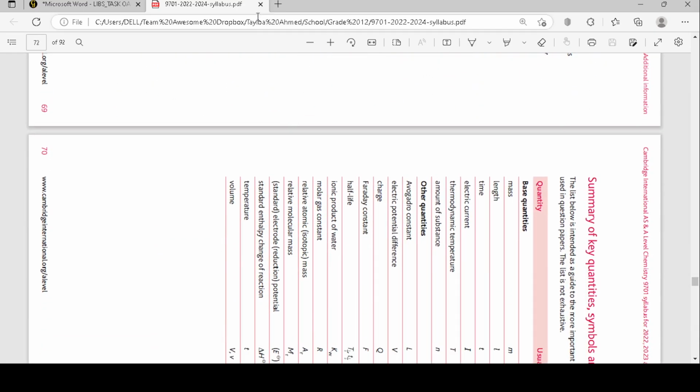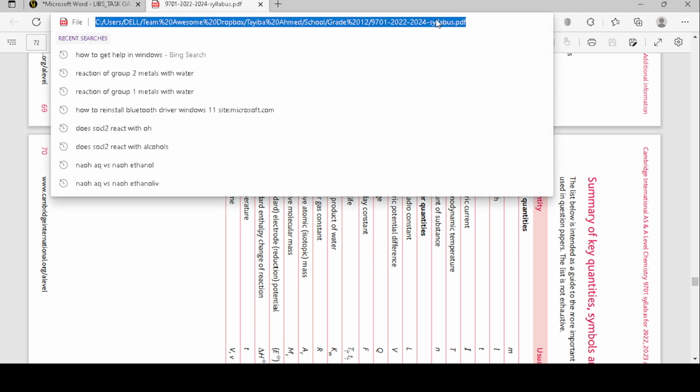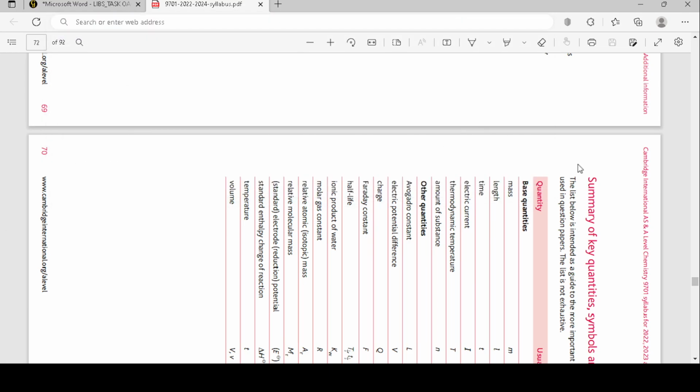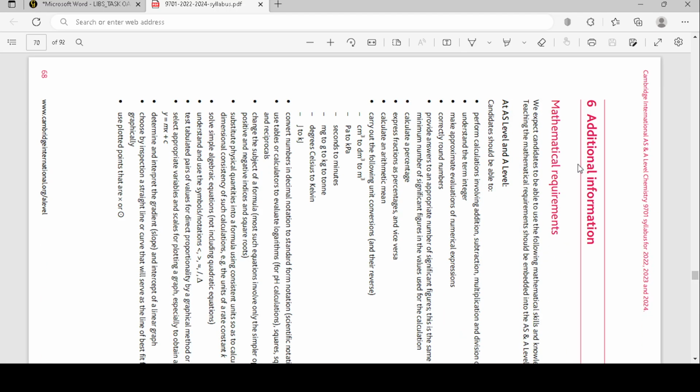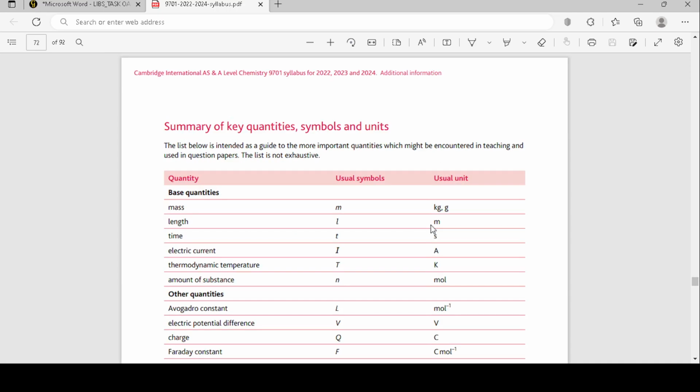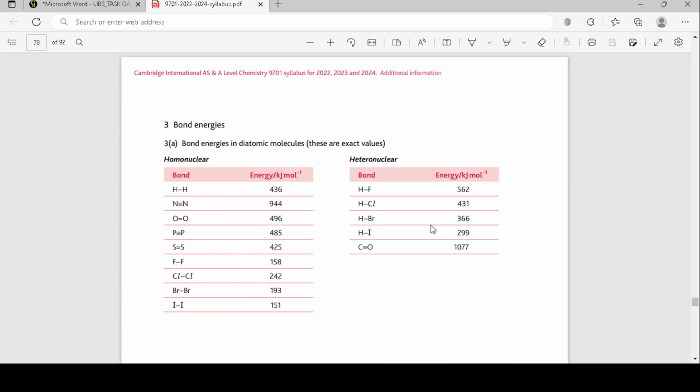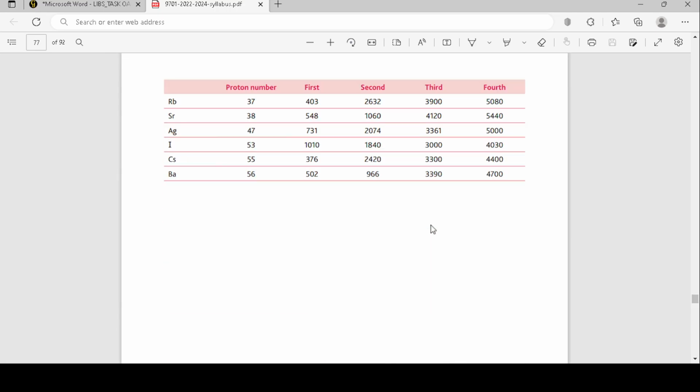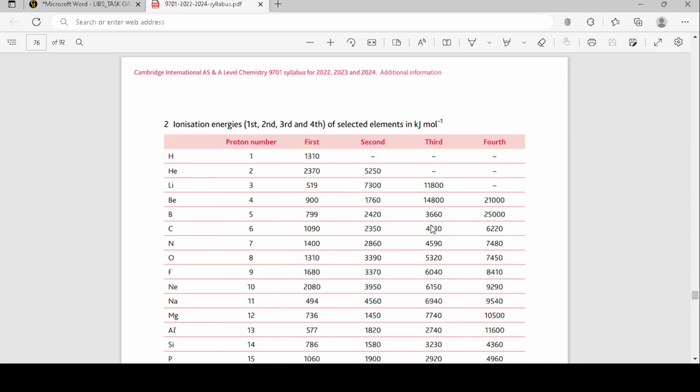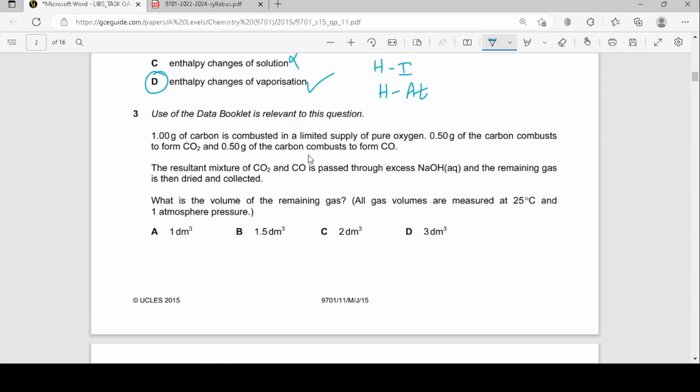This is my data booklet, and now I'll look at the question. Right, technical difficulties, let's just say. So anyways, use of the data booklet is relevant to this question.